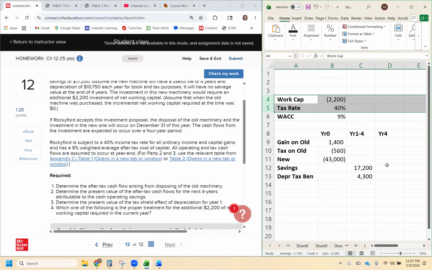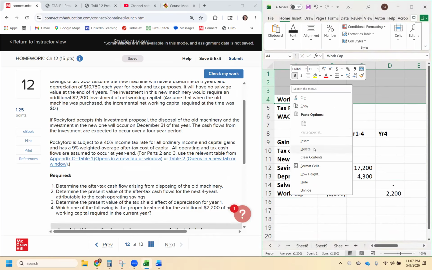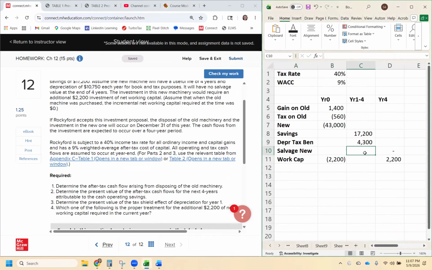There is no salvage on the new machine. So we're not going to get anything back on it. We will have to put in working capital, which we will get back in year 4.